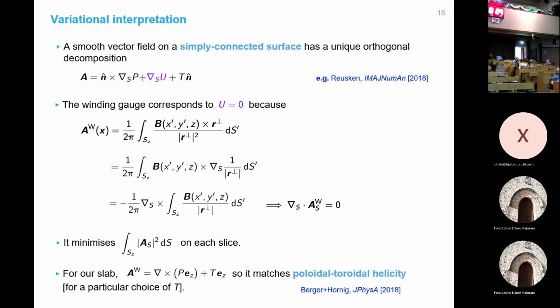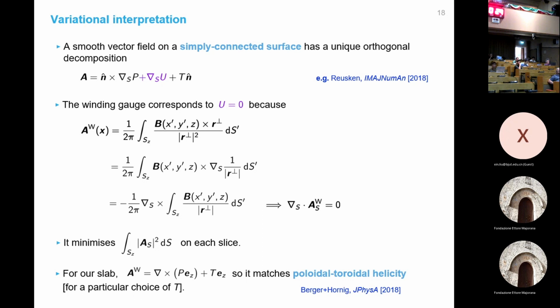And I should mention, relating back to Mitch's talk, from the fact that we got rid of this gradient term, you can immediately see that for the case of our slab, where the surface is a plane, n hat is Ez, so it has no curl, and you can write it in the poloidal-toroidal form that Mitch showed us earlier.